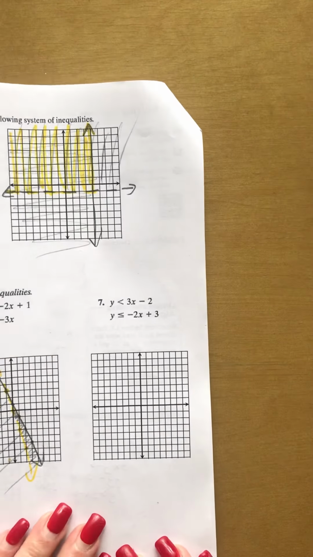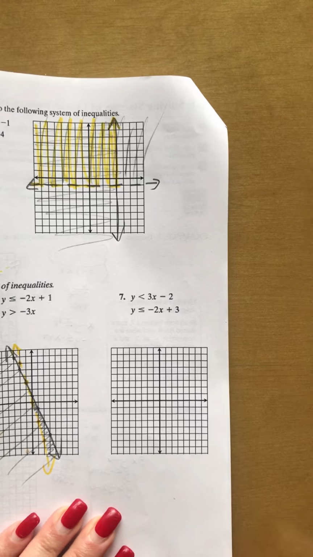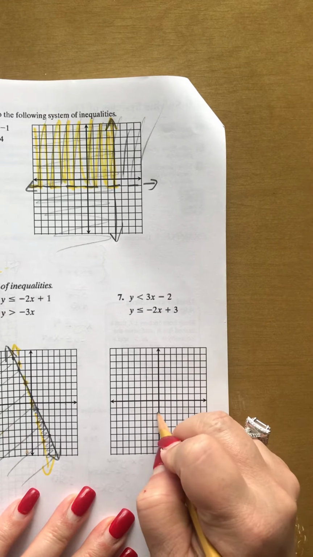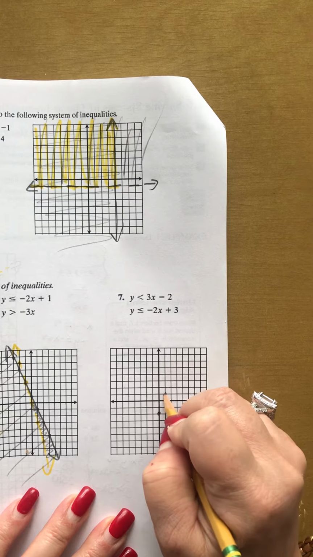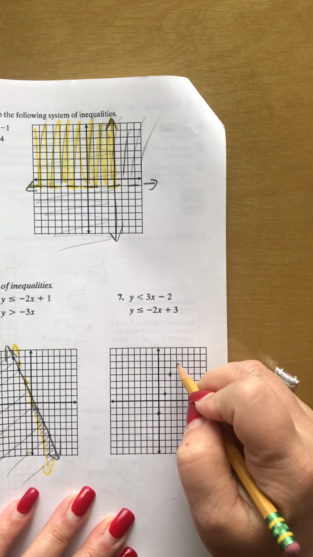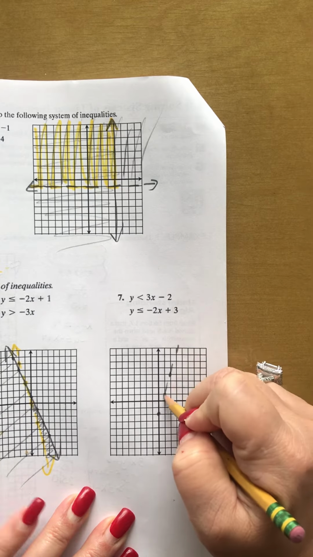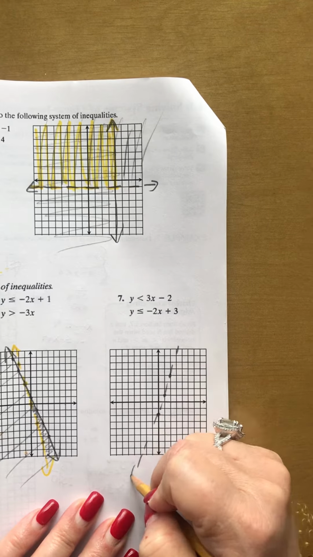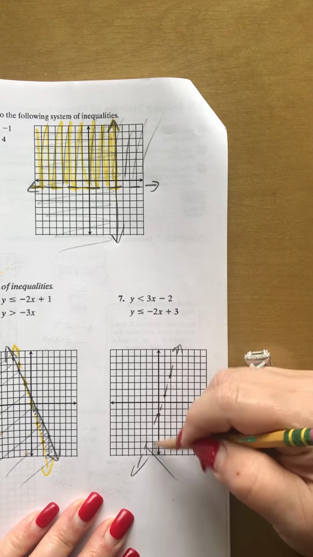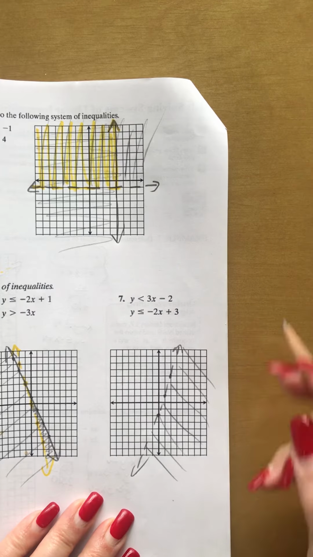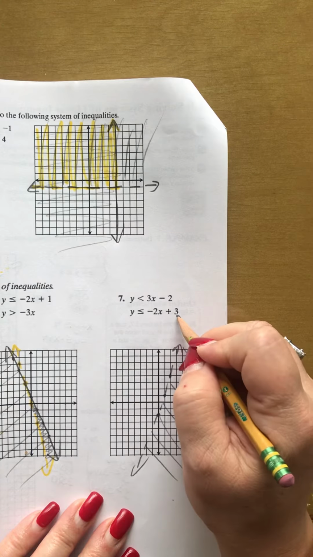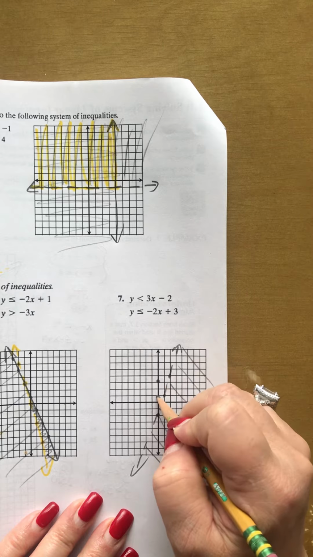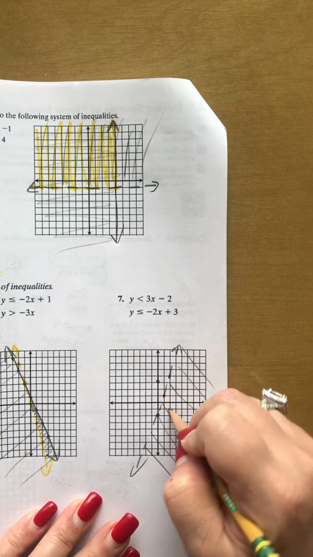And for number 7, this one you're going to begin at -2, up 3 over 1. And this would be a broken line. It's a less than, so you're going to shade below. And the second inequality, start at 3, it's down 2 over 1.